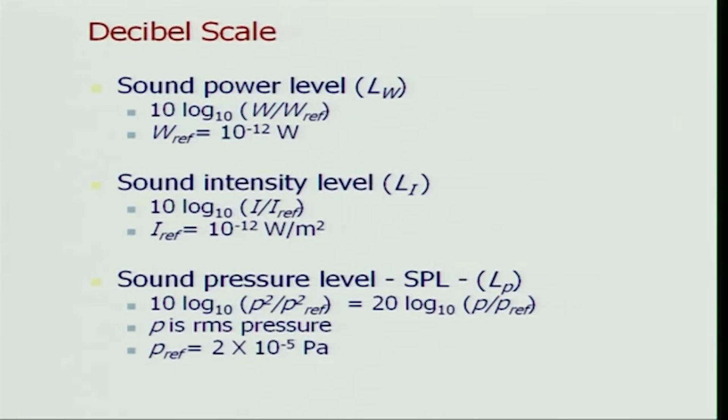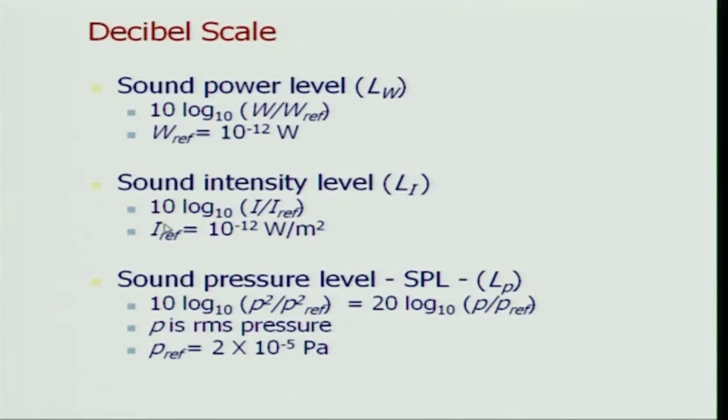Sound power level is designated as LW, and the decibels for power are defined as 10 log 10 of the watts being emitted by the source divided by the reference power, and the value of reference power for air is assumed to be 1 picowatt. So that is how I calculate sound power level.